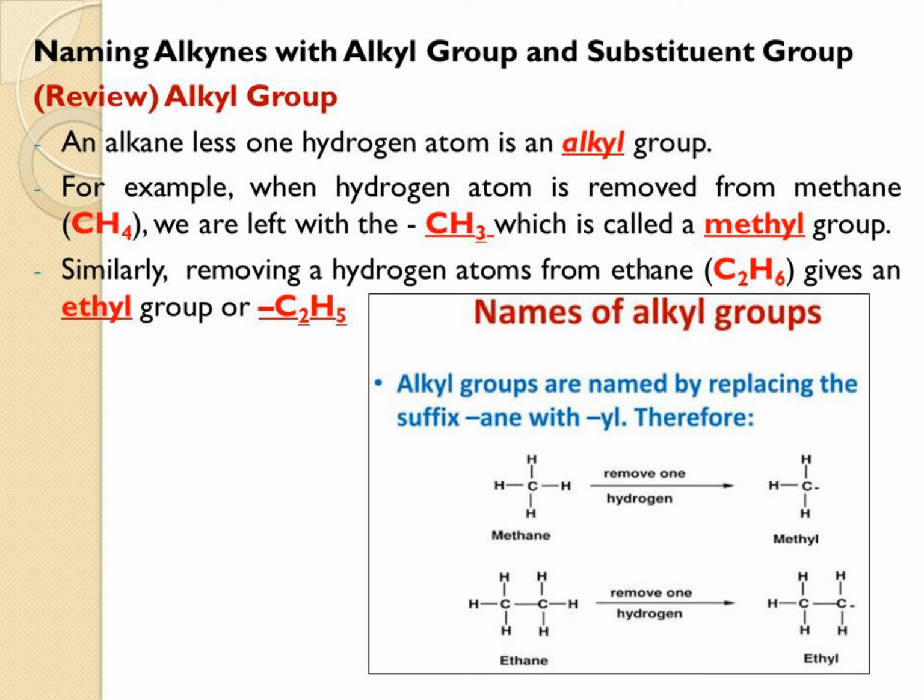The name of this becomes methyl. Similarly, when we remove 1 hydrogen from ethane, C2H6, it becomes C2H5 and the name becomes ethyl. That is the alkyl group.